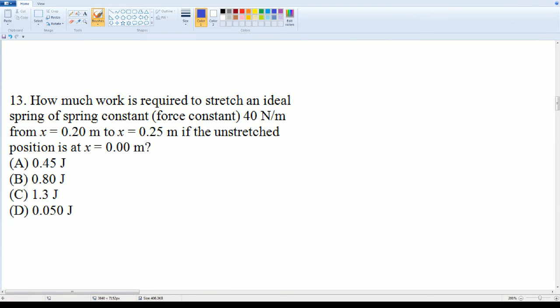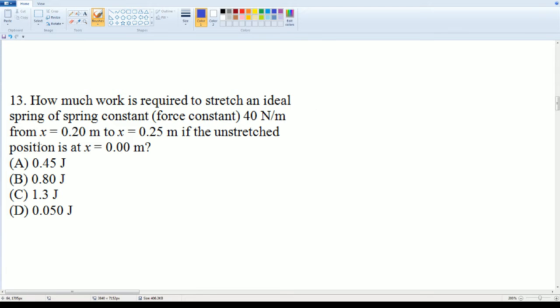How much work is required to stretch an ideal spring with a given spring constant from one position to another, if the unstretched position is at x equals 0? There might be a shortcut, but I'm going to do this the long way.